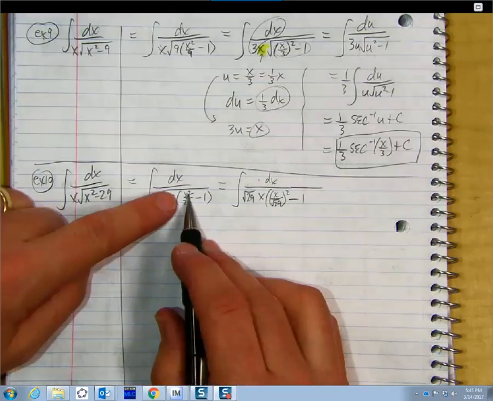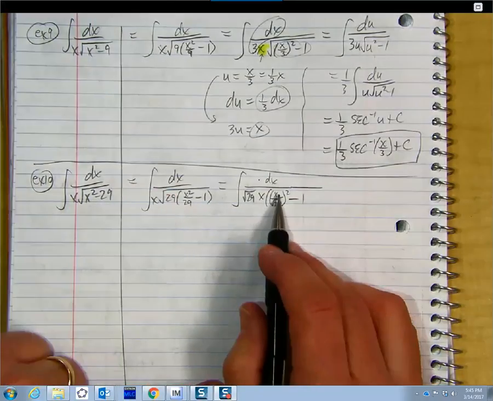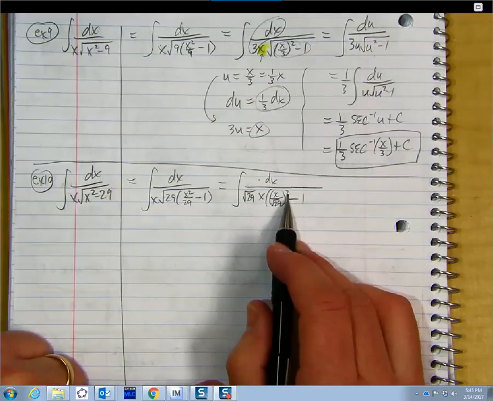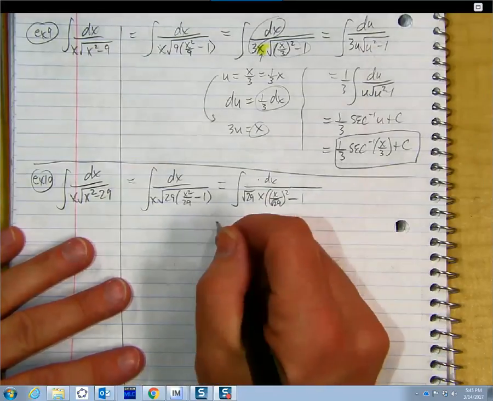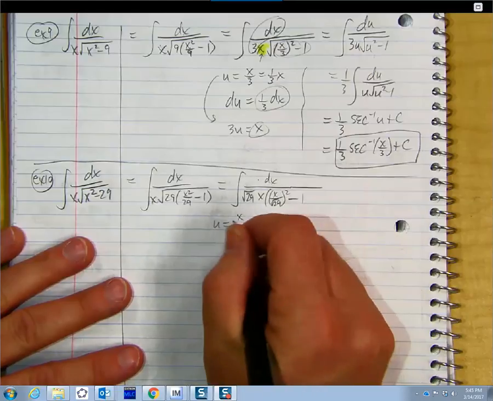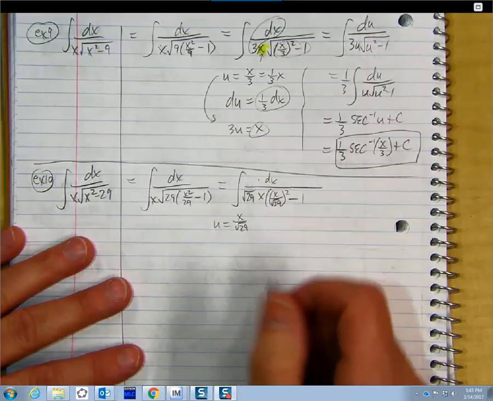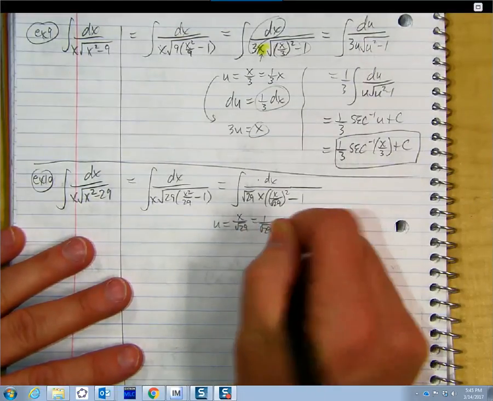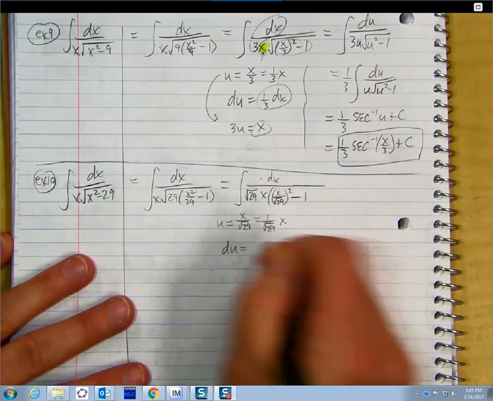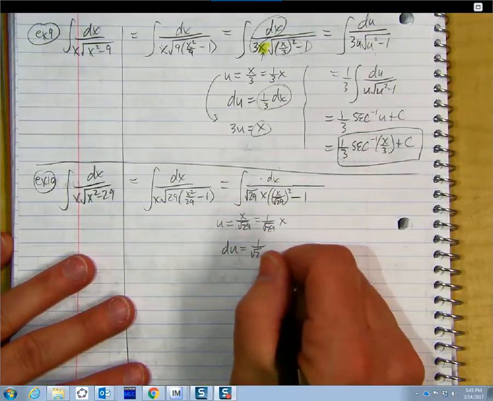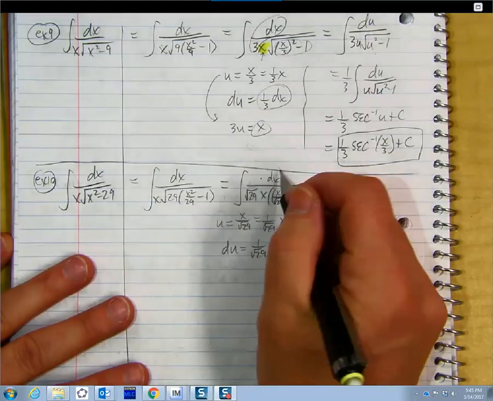So I just transform x squared over 29 into something quantity squared. Okay, so from here, u would equal x over rad 29, which is 1 over rad 29 times x. So du will be now 1 over rad 29 dx, which again is beautiful.